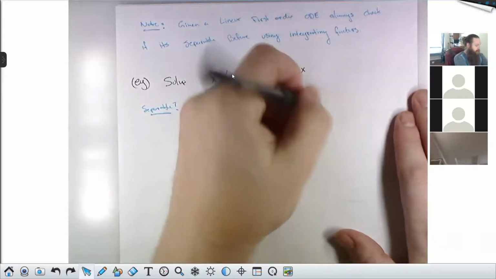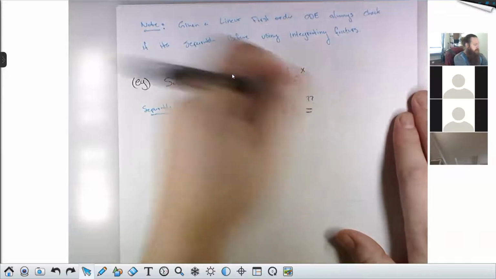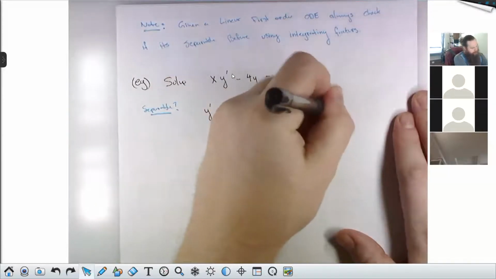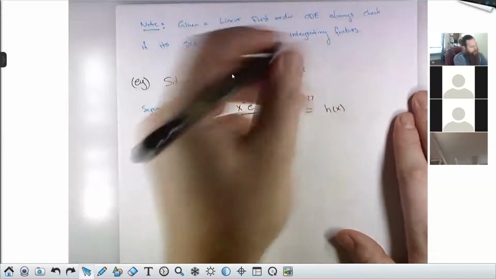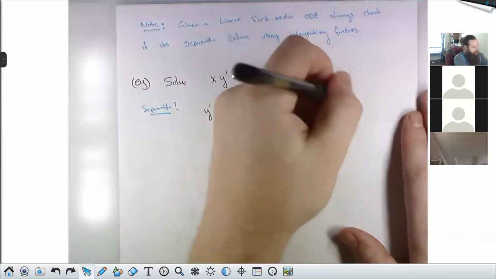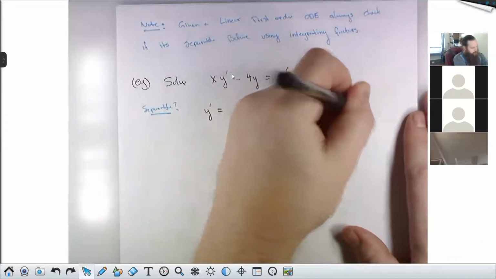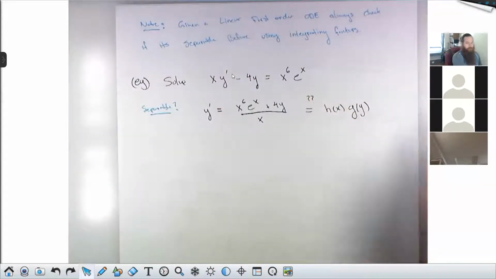And the question is, can we write this as h of x times g of y? Can I split that up as a product of two functions, one that is just x stuff and the other that is just y stuff?